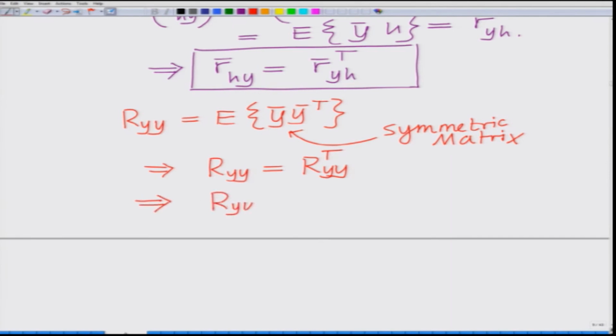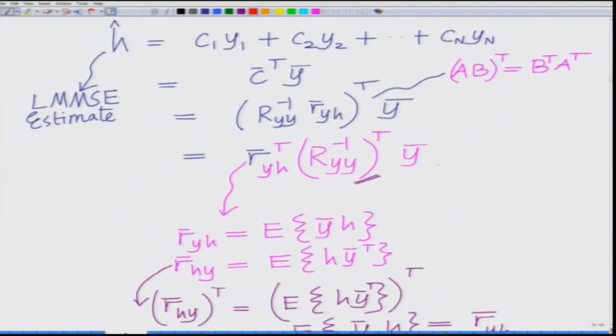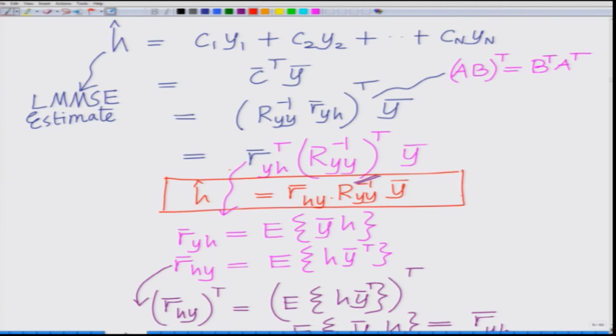This also implies R YY inverse is R YY inverse transpose, and therefore, I can simplify this quantity here. First, instead of R YH transpose, I can use R bar HY. R YY inverse transpose is the same as R YY inverse. So, I can write this as R bar HY R YY inverse Y bar, and this is the expression for the LMMSE estimate, and this is succinct as well as very interesting.